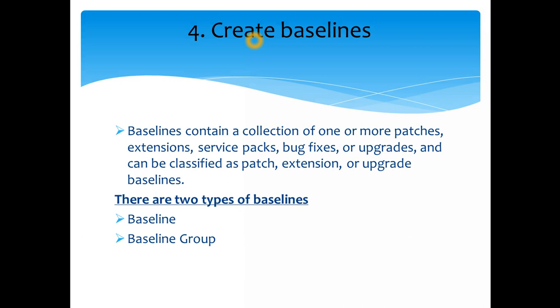Okay, and there are two types of baseline. One is a generic baseline, or we can have a baseline group. A baseline group basically can have other things, like other patches, included in that baseline.